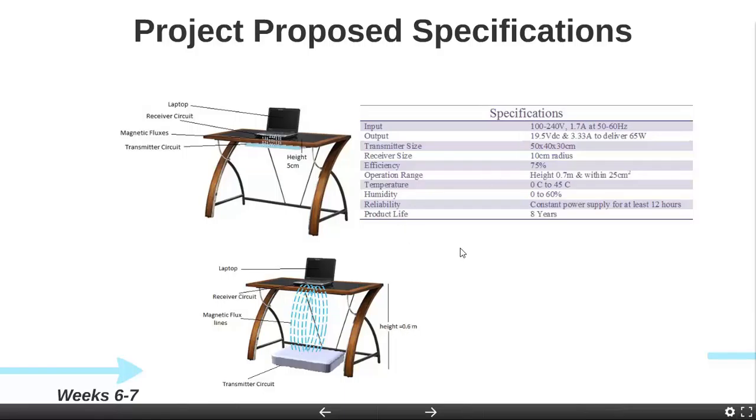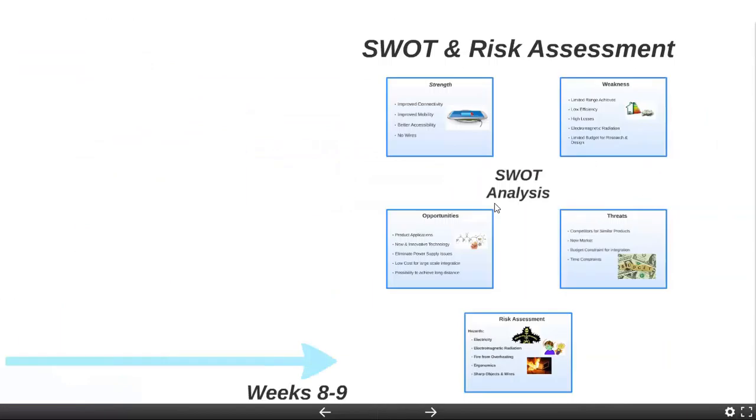So these are the important specifications that we're proposing. The input is what comes from the socket outlet, the output is what goes to the laptop, and the transmitter size, we're trying to make as small as possible. Receiver size is proposed to be 10 centimeter radius, efficiency 75%, temperature and humidity.